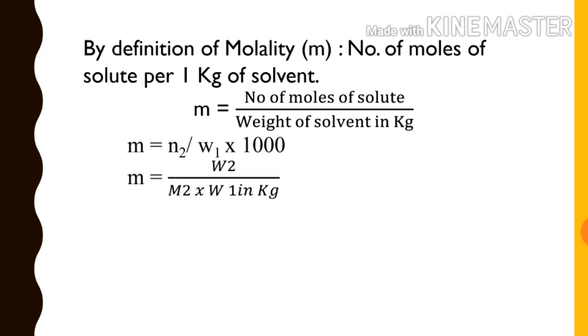So we get m is equal to W2 upon M2 into 1000 divided by W1.